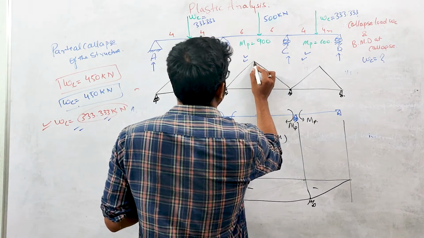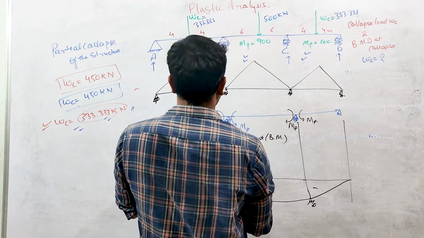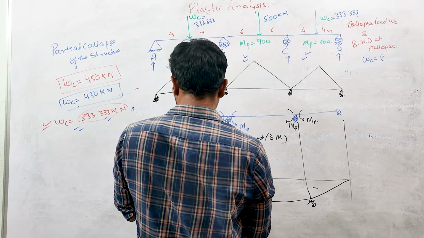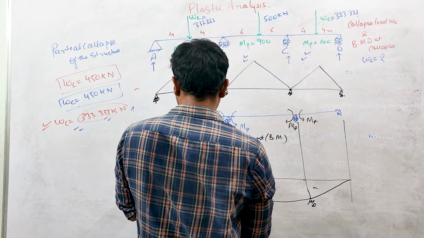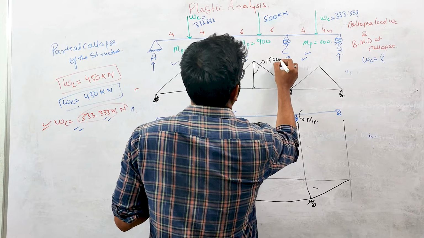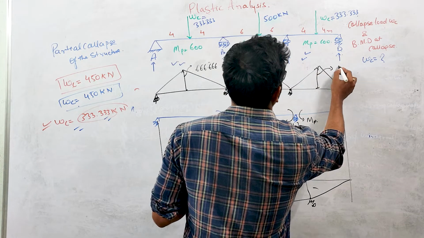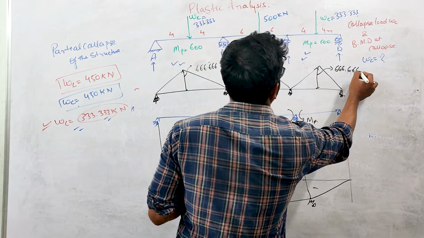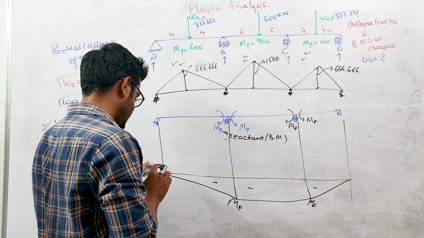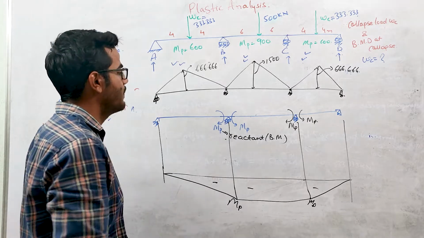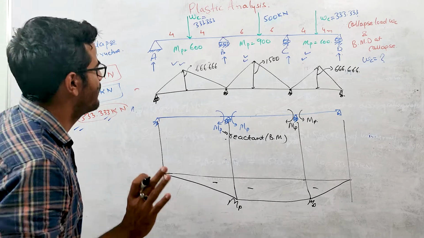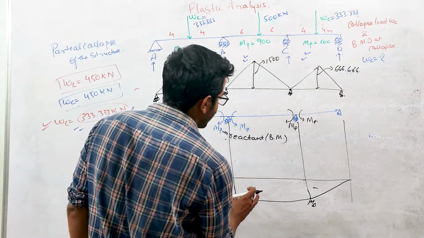So the bending moment at this point will be 500 into 12 divided by 4, PL by 4. This value is 1500, and again this value will be the same, 666.66. So 333.33 into L, 8 divided by 4. Now this is our free bending moment diagram, and this is the bending moment diagram due to reactants.